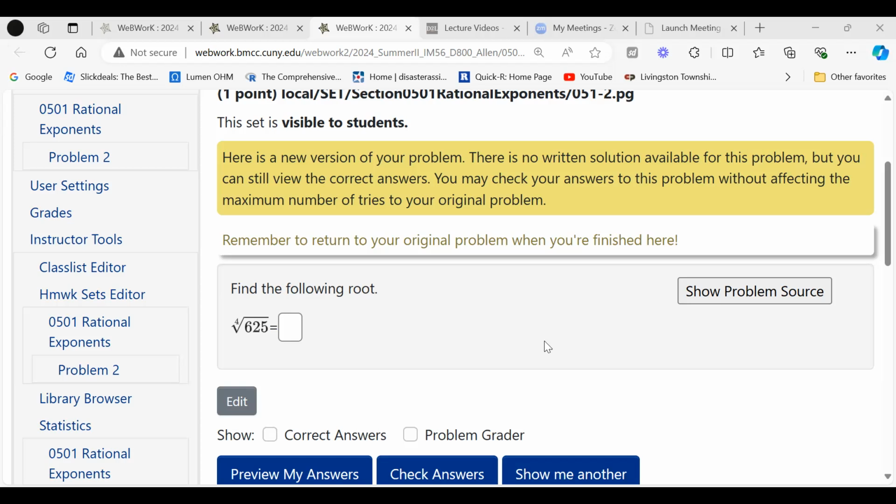Anybody want to share your answer? What will be the answer here? It's 5, right? Very good. Why is it 5? 5 to the power 4 is 625. Very good. So 625 is equal to 5 to the 4th power. If you're not sure, you can break it down like this: 5 times 125, 5 times 5 times 25, 5 times 5 times 5 times 5.